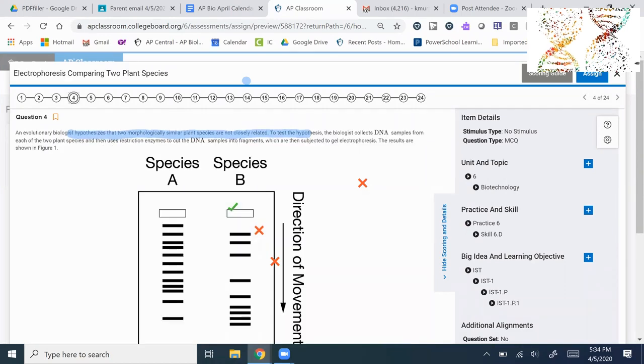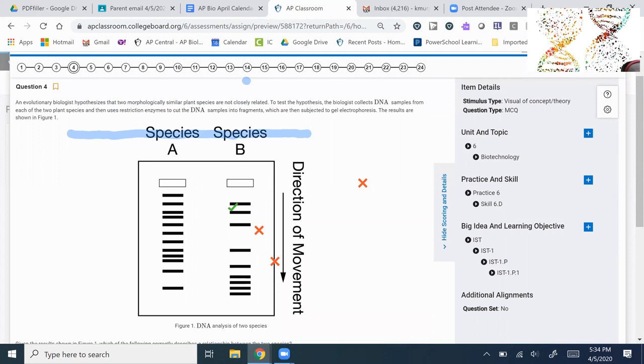All right, number 4. An evolutionary biologist hypothesizes that two morphologically, okay, that means shape, similar plant species are not closely related.